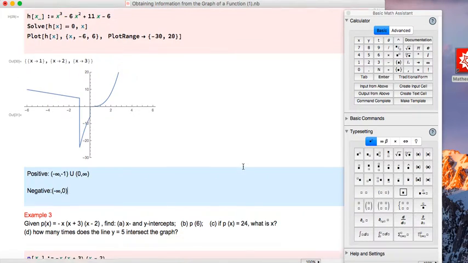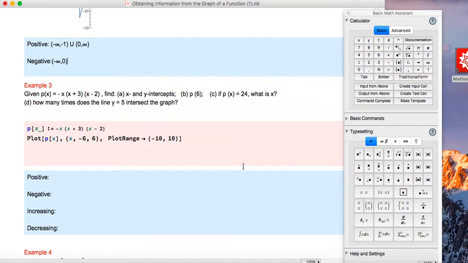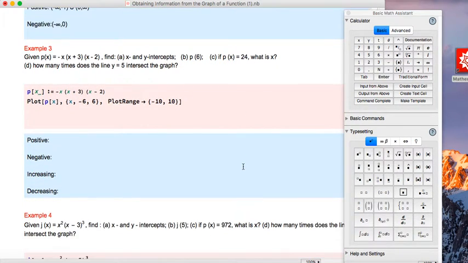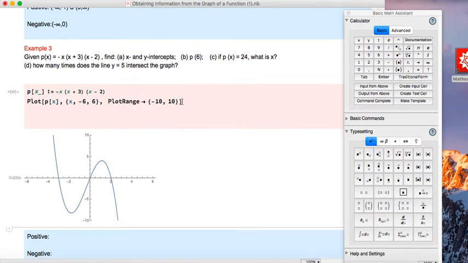Okay, so now let's try number 3. Given p(x) is negative x times x plus 3 times x minus 2, find the x and y intercepts. Let's find the x, y intercepts first. According to this graph, we can say the x-intercepts are negative 3, 0, and 2.